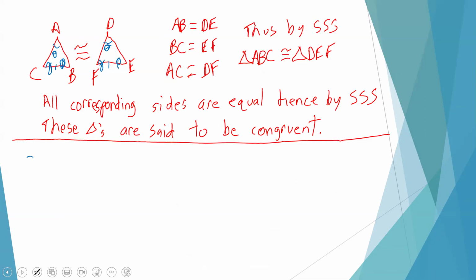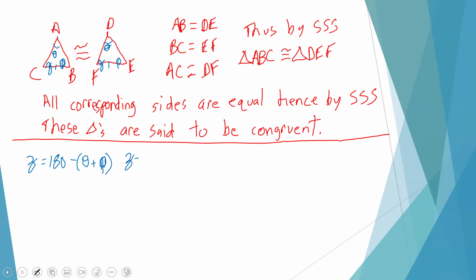I know that gamma in the first one is 180 minus alpha or theta plus beta. And I know in the other one, it is exactly the same thing, right?